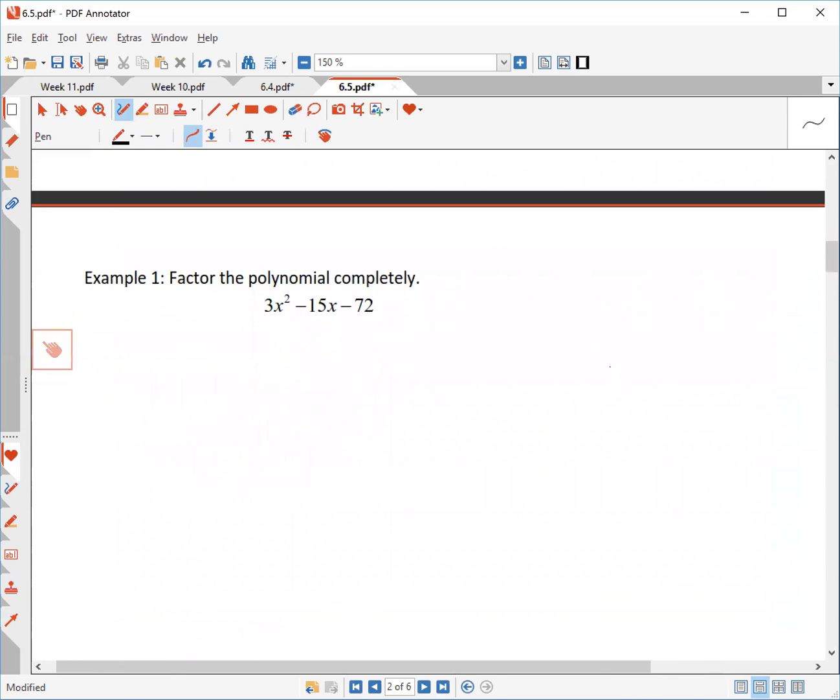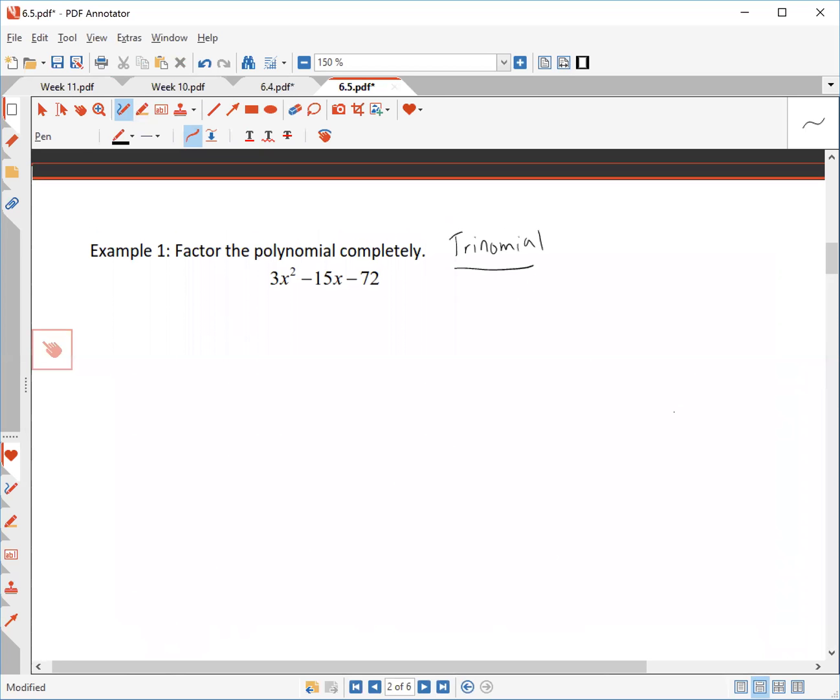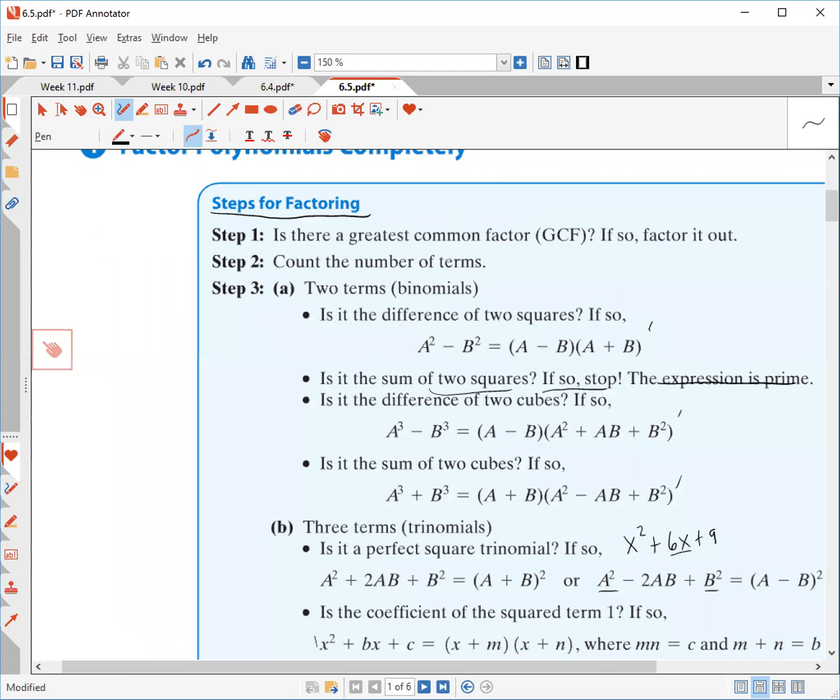So here we'll just go through different kinds of factoring strategies. We've got a trinomial here. I have to admit that I forgot the most important step, and that is step 1, which is the GCF.